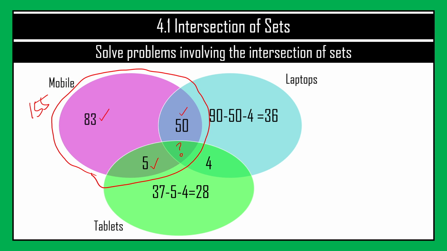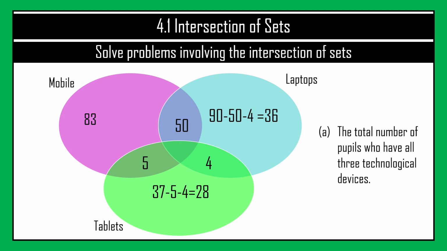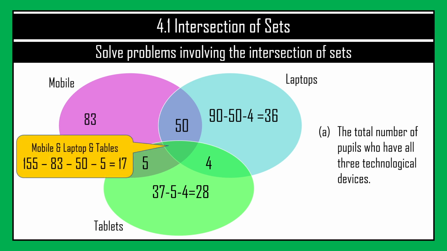So we can use this information to find out how many students have all three devices. Okay, so we need to minus from 155 the 83, 50 and 5, which gives us 17. So there are 17 students that have mobile, laptops and tablets.